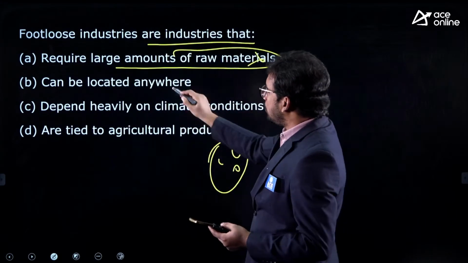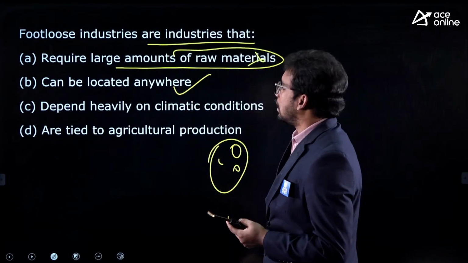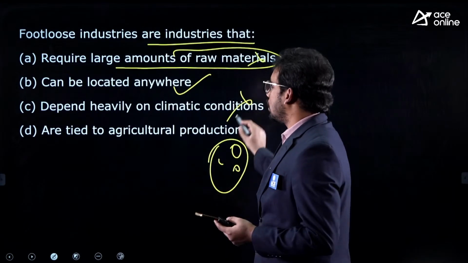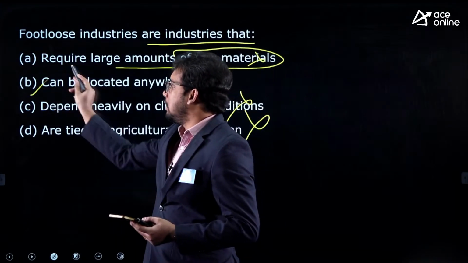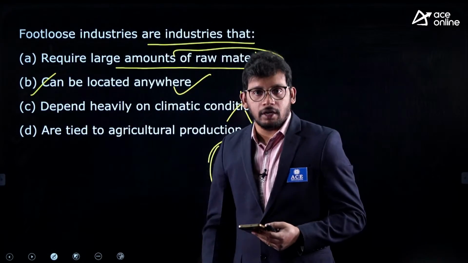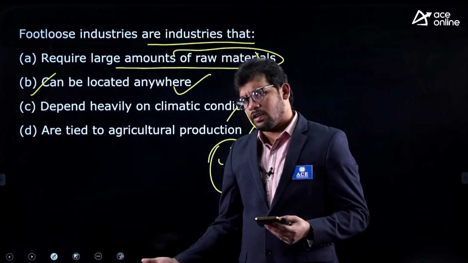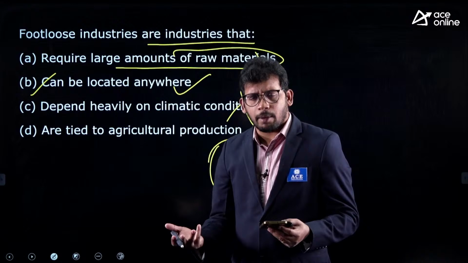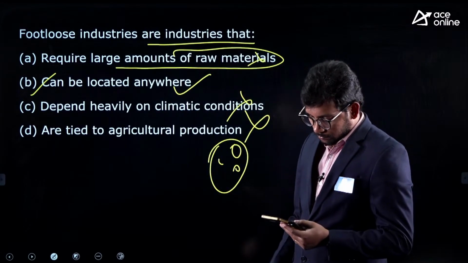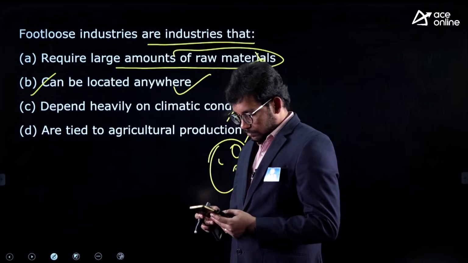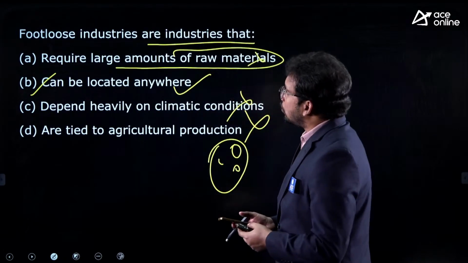No. Can be located anywhere? This is correct. Depend heavily on climate condition or tied to agricultural production? All these are wrong. So basically B, for example mobile manufacturing companies, where there is no loss of raw material quality, so they can be placed anywhere. Fine, so the answer is B.